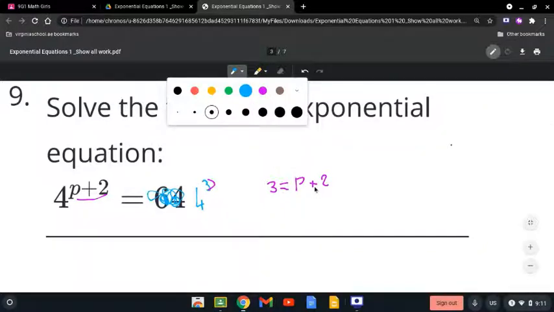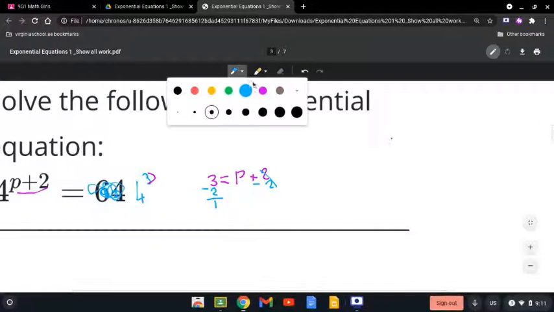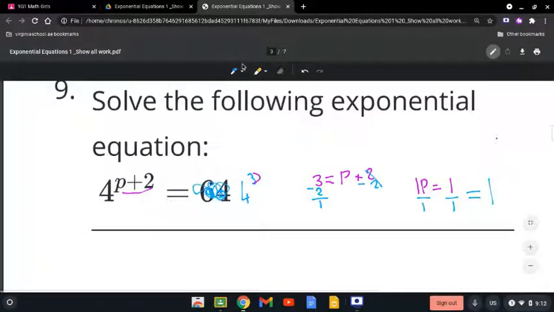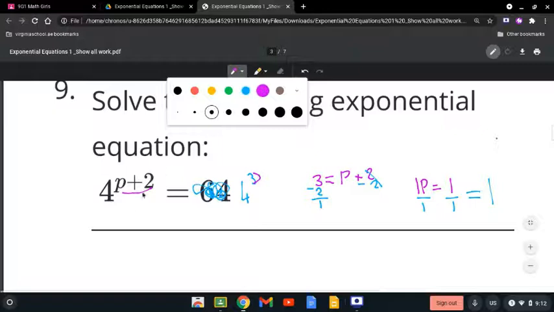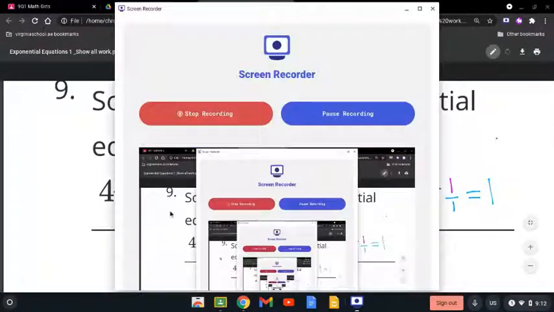So we're going to use the opposite sign of positive, which is negative, and we're going to subtract 2 on both sides. 2 minus 2 is 0, and 3 minus 2 is 1. So now that's just the answer basically. You can just write here p equals 1. And that's it.